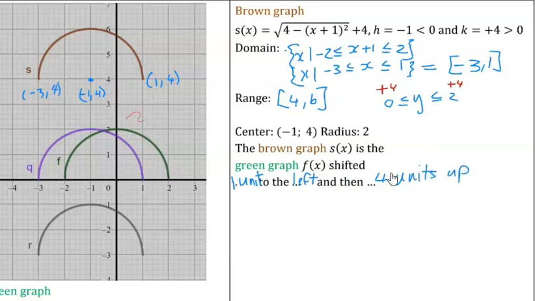If I take, for instance, the green graph, I shift 1 unit to the left and then 1, 2, 3, 4 to get to the maximum value there. Or if I take the endpoint of the green graph on the left hand side, I move 1 unit to the left and then 1, 2, 3, 4 units up to get to that endpoint. So that is how the shifts work.